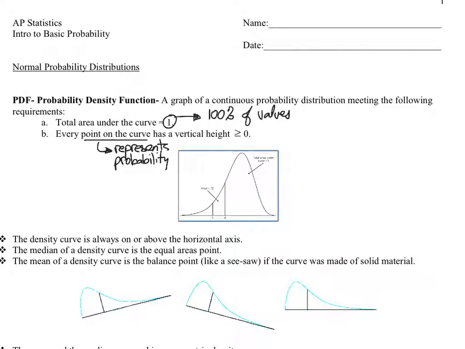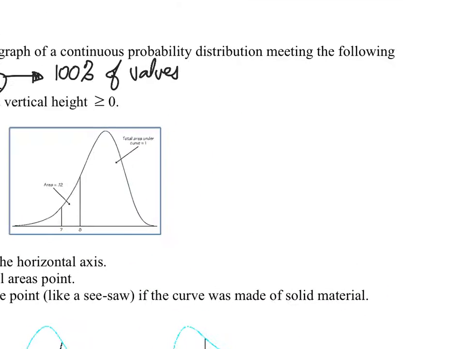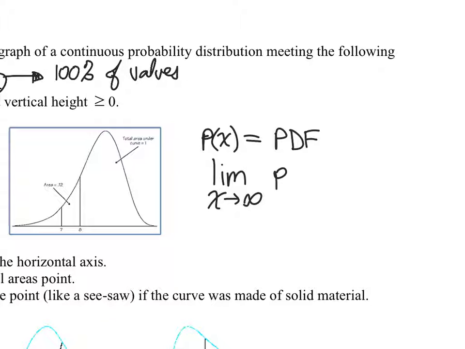All right, so if I define P of x as my PDF, my probability density function, what this is saying is that the limit as x goes out to infinity of P of x would be equal to 0.